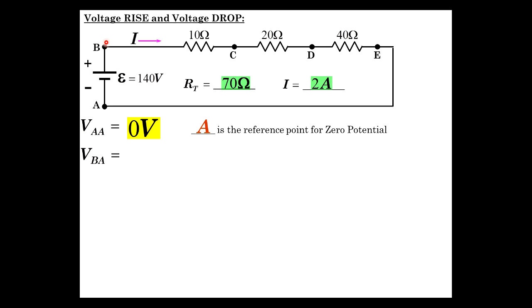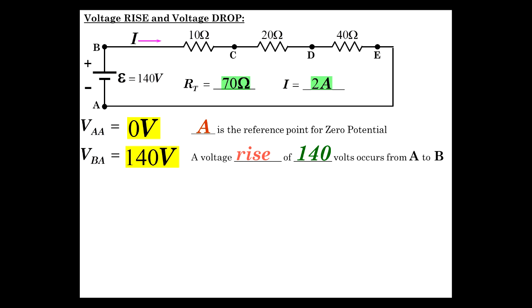B looks like it's definitely in lush pastures. And A says, B, you look like you're 140 volts more than I do. That's what we mean by the voltage of B from the point of view of A. It's a rise of 140 volts. So there it is. A voltage rise of 140 volts exists as we progress from A to B.